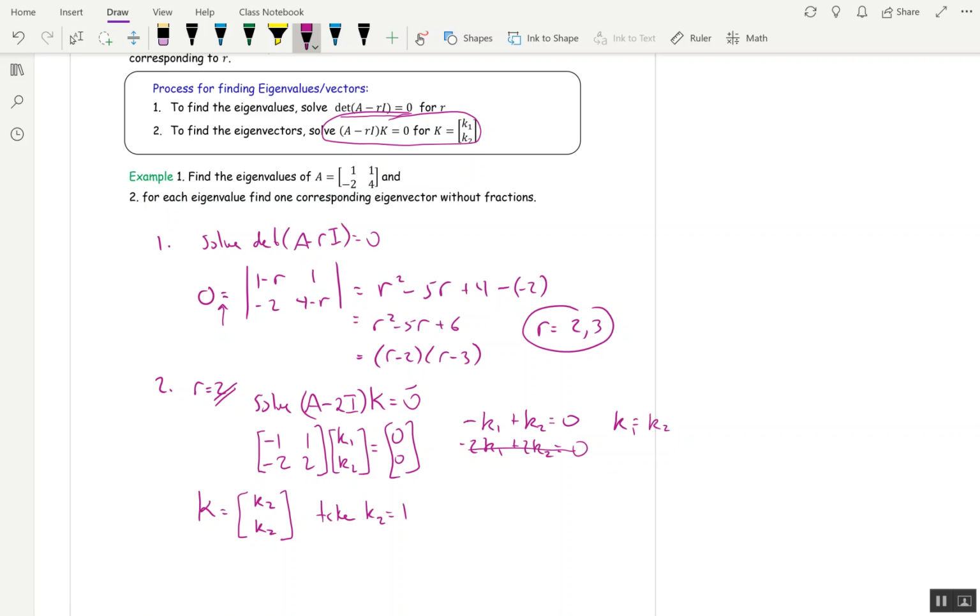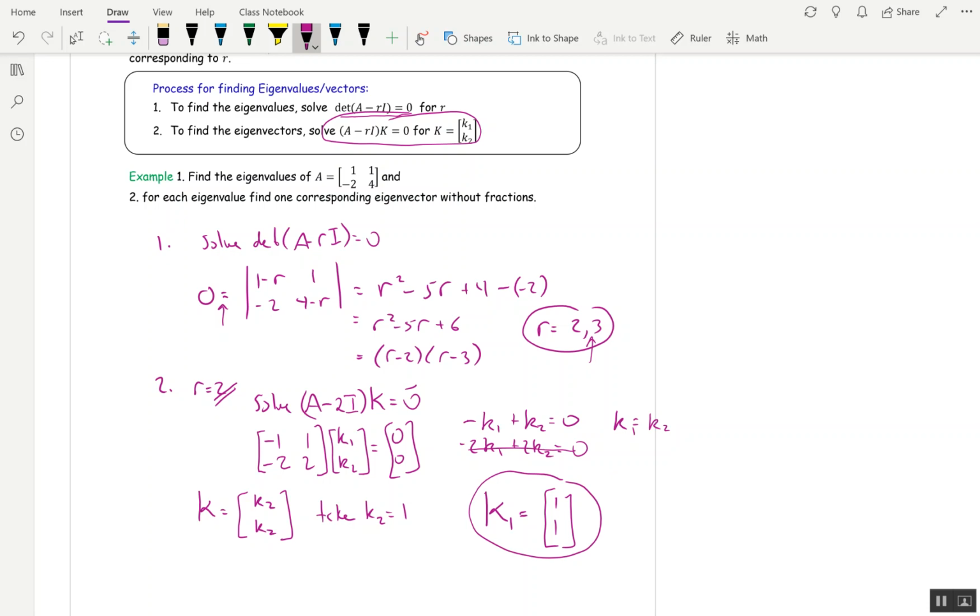How about 1? So big K, and I'm going to call it big K1 because we're going to get another K from the second eigenvalue, and I'll have a big K2. So big K1 is 1, 1. That's an eigenvector for the eigenvalue r equals 2.